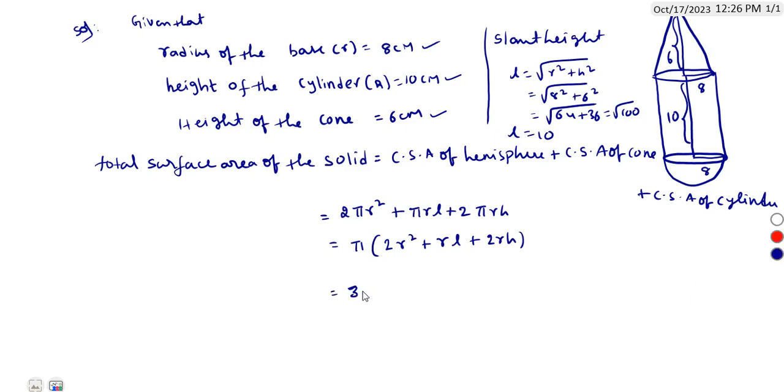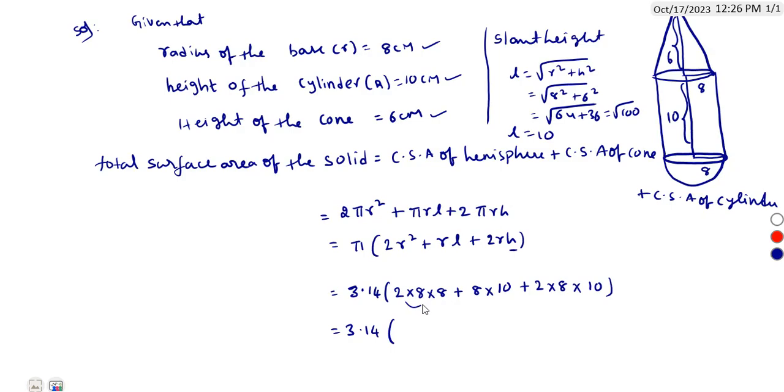Pi means 3.14, he mentioned use pi value 3.14. 2 into r square, the radius is 8, so 8 into 8, plus 8 into slant height 10, plus 2 into radius 8, here h means the cylinder h, which is 10.